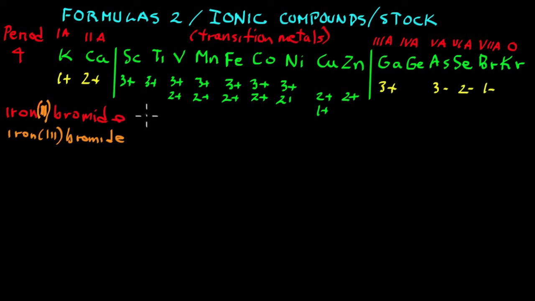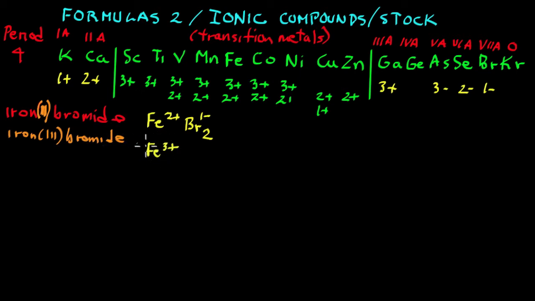So the formula would be Fe for iron, Roman numeral II would be 2 plus, bromide is 1 minus, so it would be FeBr2, all right? 2 1 minuses, it goes with this plus. This one would be Fe 3 plus.